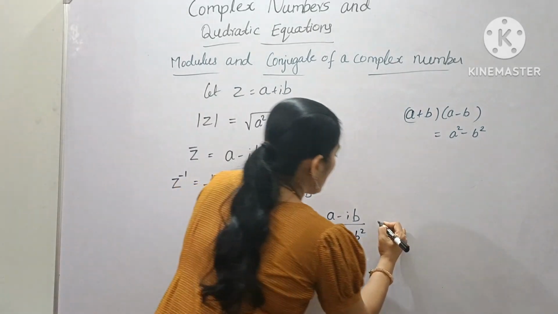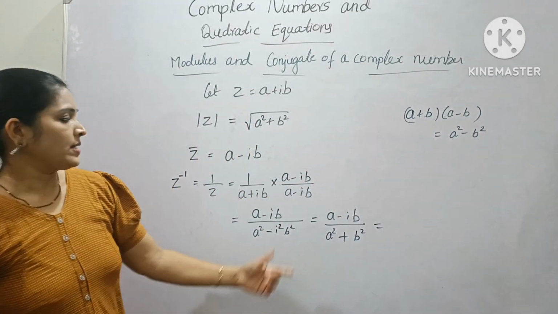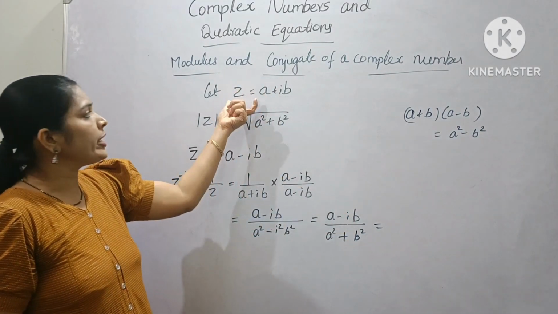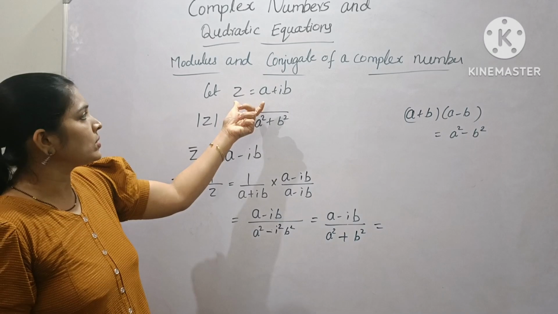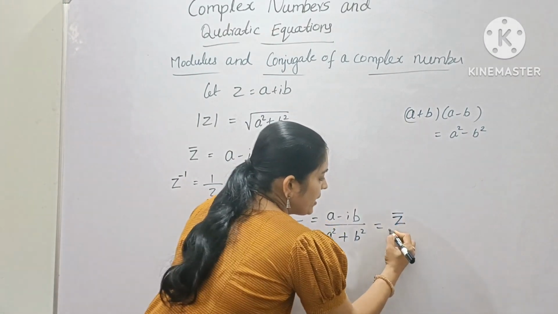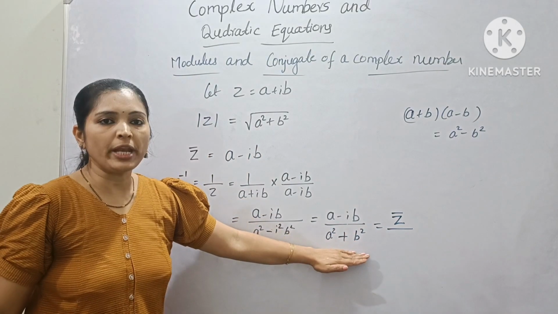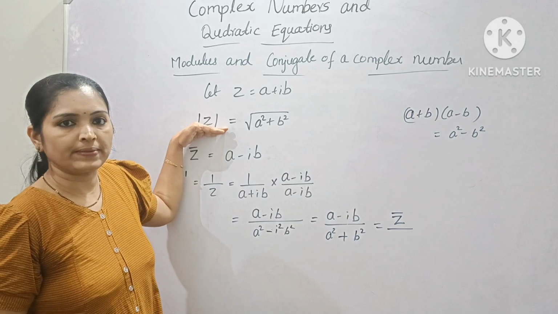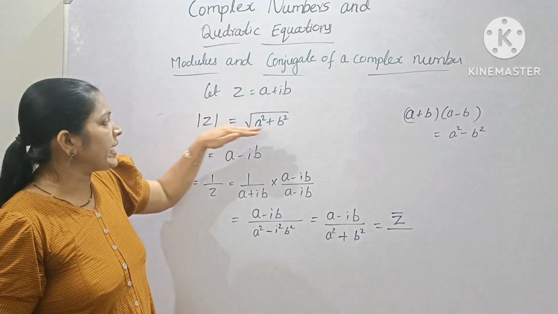See, the numerator is nothing but conjugate of z, right? Conjugate of z divided by the denominator, that is nothing but square of modulus. What is modulus of z?